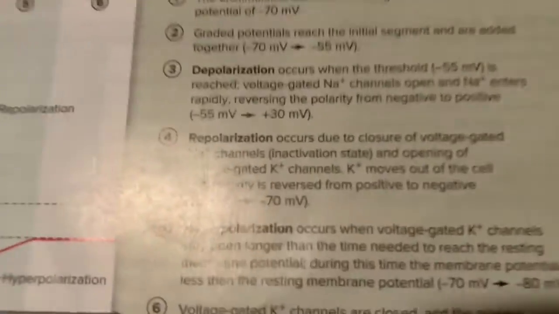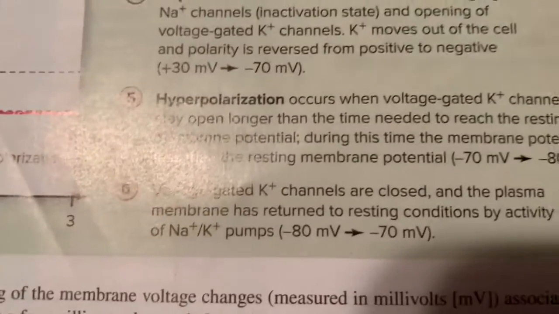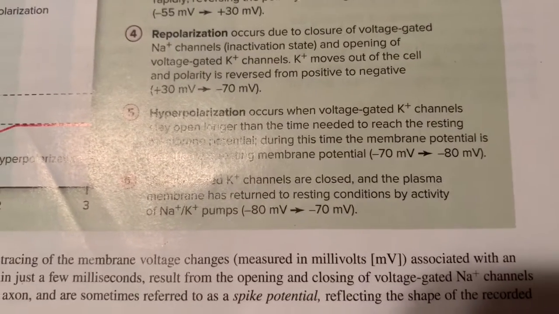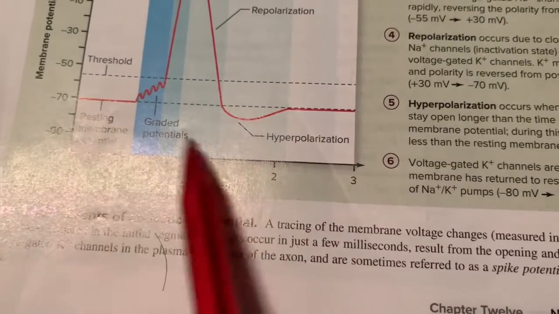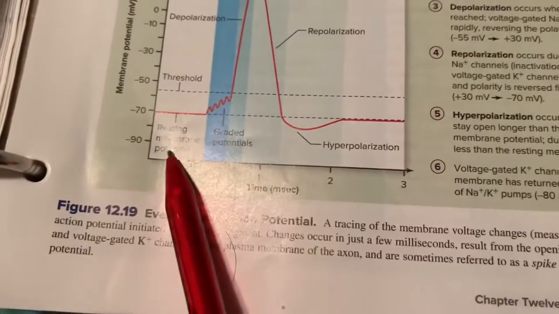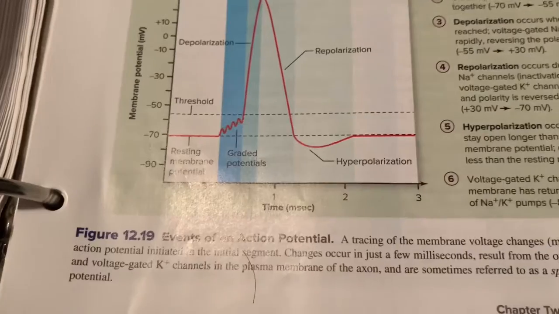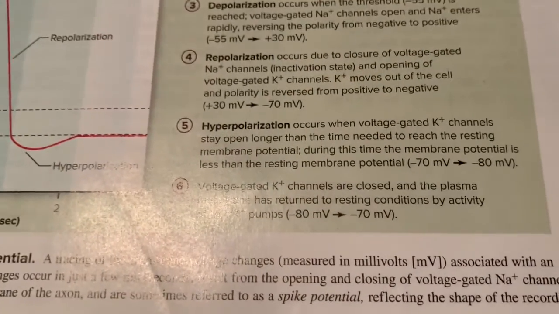Next, hyperpolarization occurs when the voltage-gated potassium channels don't close quickly enough, or they stay open too long, and a lot of potassium leaves the axon, causing the membrane potential to be less than the resting membrane potential. So you'll see it's below the original resting membrane potential. Then lastly, the voltage-gated potassium channels close and resting membrane potential returns by sodium-potassium pumps to negative 70 millivolts.